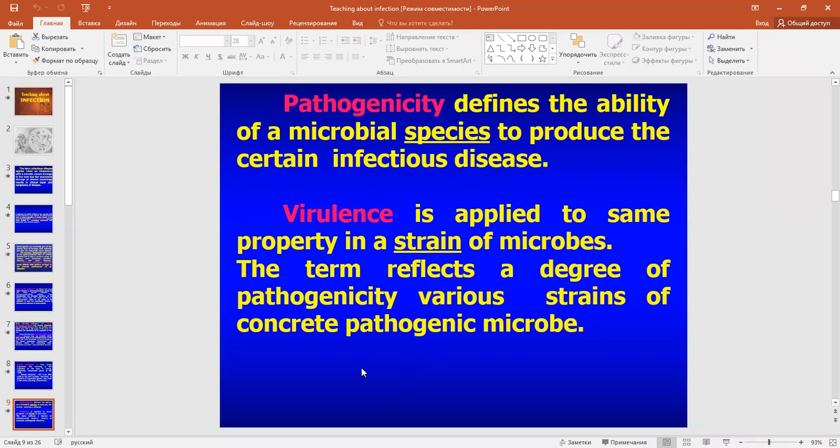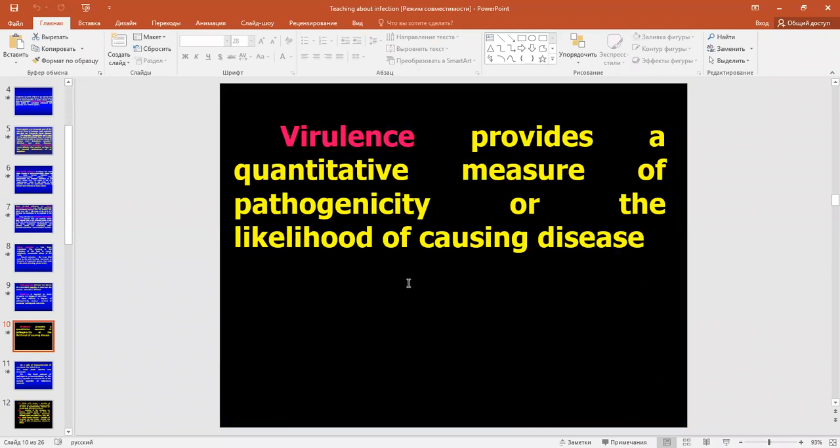The term reflects a degree of pathogenicity of various strains of a concrete pathogenic microbe. Some strains are more virulent compared with others, and some strains may be avirulent, not able to cause disease in spite of all strains belonging to one species. Virulence provides a quantitative measure of pathogenicity, the likelihood of causing disease.